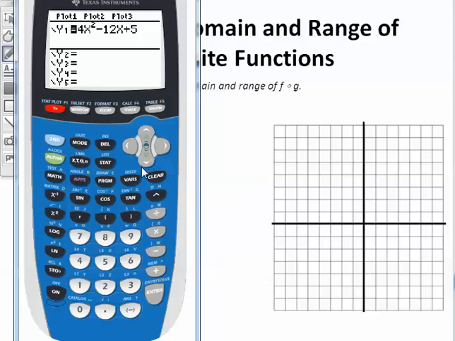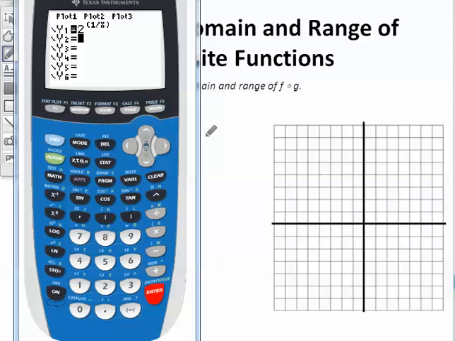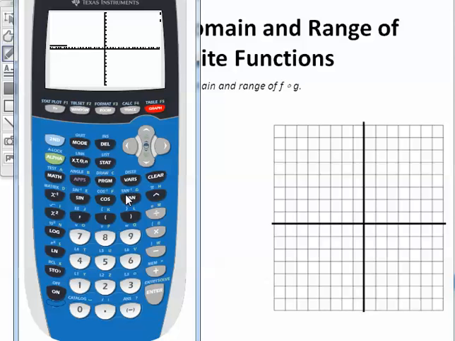I want 2 raised to the power, which is this little button right there, of parenthesis 1 divided by x, and close parenthesis, and press enter. So I've now got it out there. I can now graph it, and it looks like that.